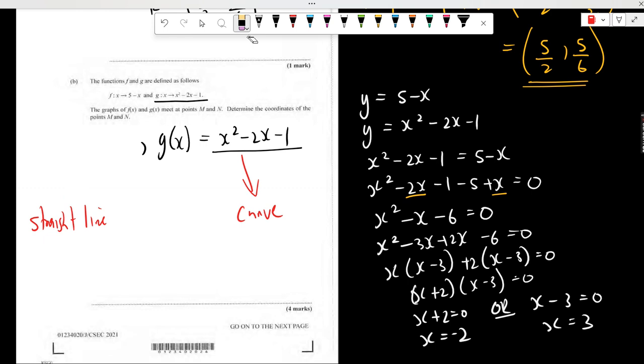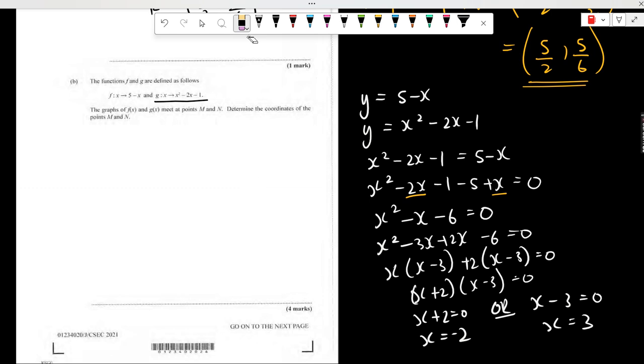Yes, sir. All right, but the question asks us to find the coordinates of the points M and N. And so after we find the x coordinates, we have to find the corresponding y coordinates by substituting these x values into one of the two equations, typically the simpler one. So let's use the straight line, y is equal to 5 minus x.